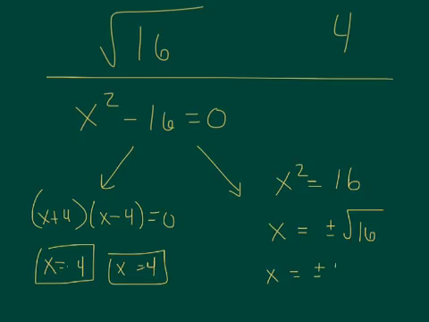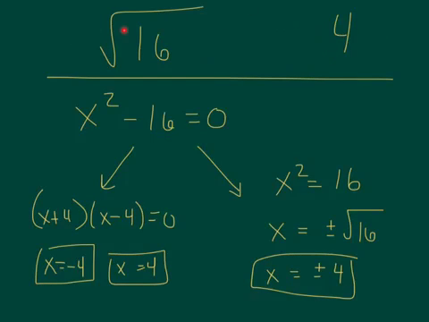So x being plus or minus 4. Either way, it's the same answer. Writing them separately by factoring or writing it with a plus or minus sign in the front. It's the same thing. But again, notice the difference. Up here at the top, this is just asking for the square root of a number, meaning find the principal square root. Whereas down here, you are solving an equation.